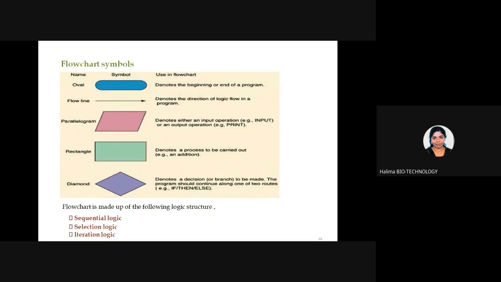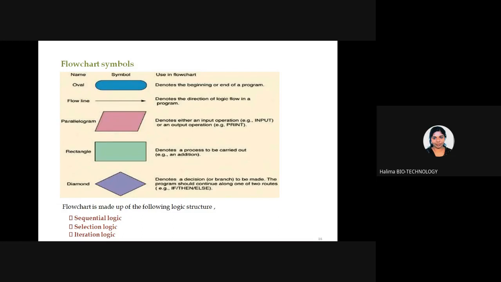And the parallelogram is usually used for input and output operations. So what is your input? What is the integer you're going to get, what is the input you're going to get from the user? It may be a string, it may be an integer or whatever it is. So you use the parallelogram to show that this is the input step, and what is the variable you want.